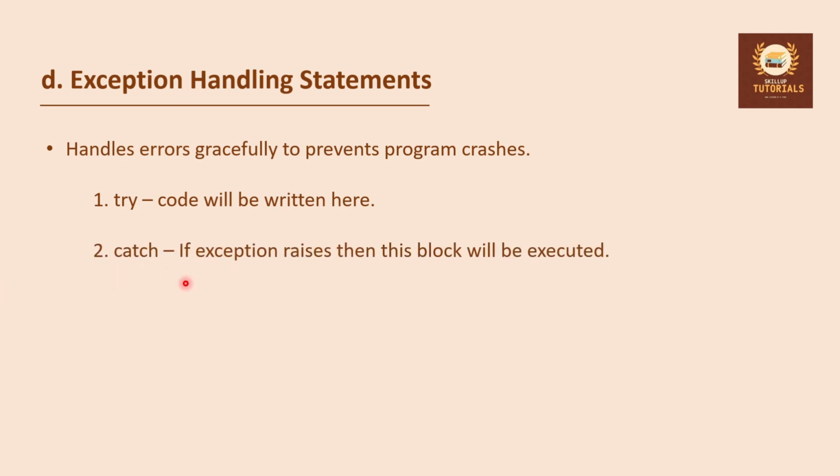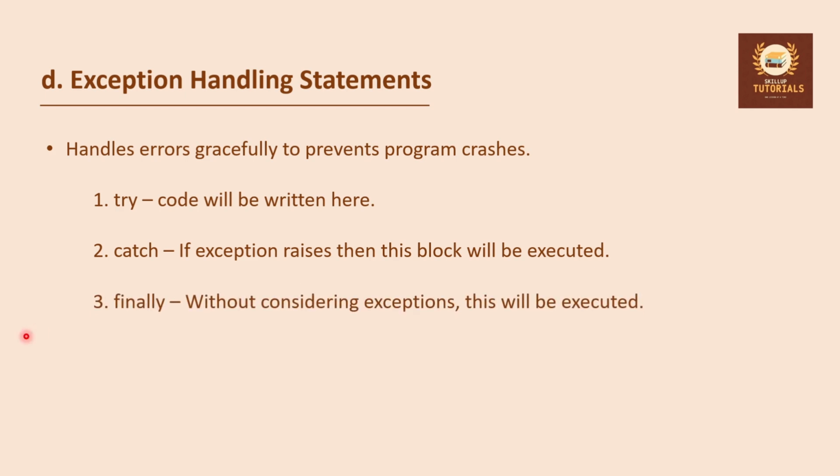And the next one is catch. If an exception is raised, then this block will be executed. We can write multiple catch blocks. Based on the exception raised, the particular block is executed. And the last one is finally. Whether the exception is raised or not, the finally block will be executed.